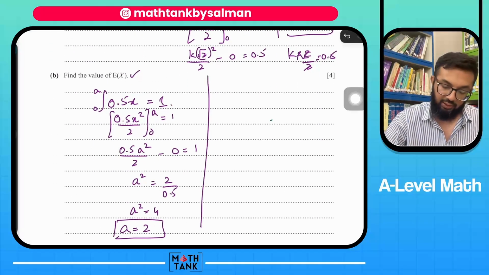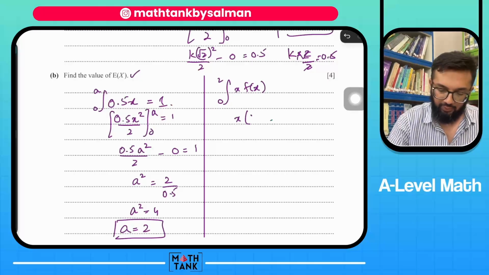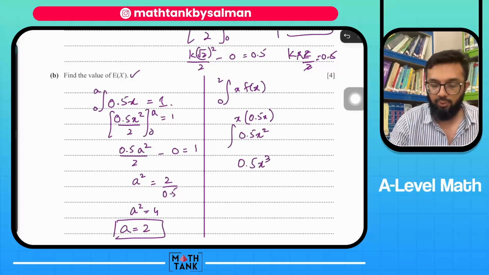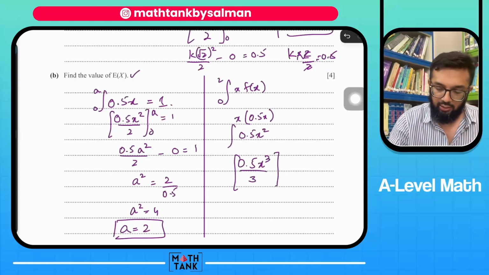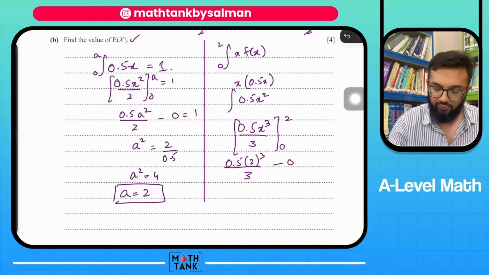Okay, that makes the expectation easy for me. It's the integral of x f of x from 0 to 2. So x into kx, 0.5x. So 0.5x squared has to be integrated, 0.5 x cubed over 3, from 0 to 2, 0.5 times 2 cubed over 3 minus 0.